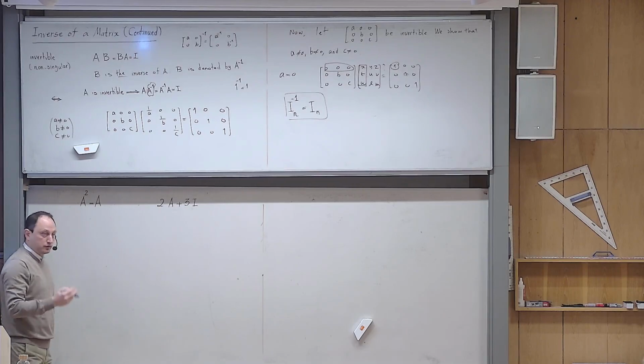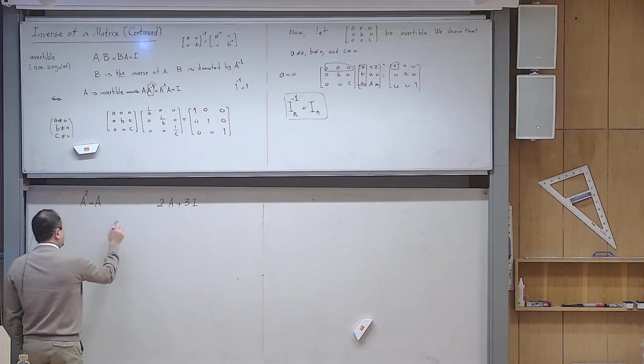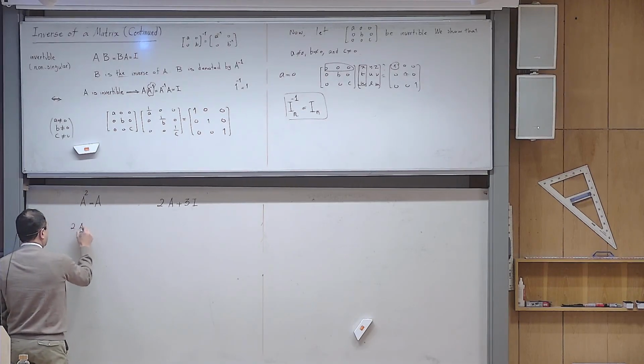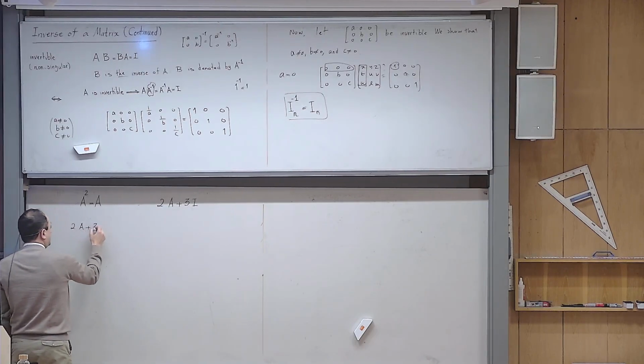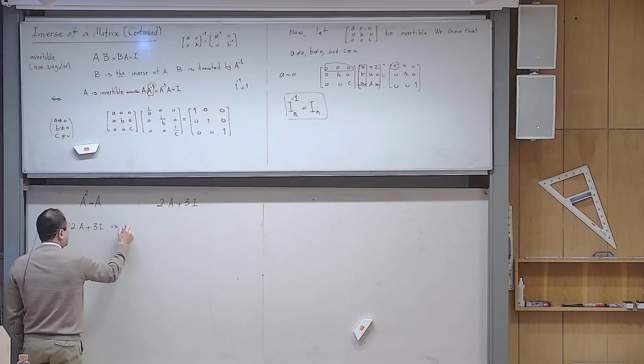So I need to prove 2 things. We need to show that 2A plus 3I is invertible.